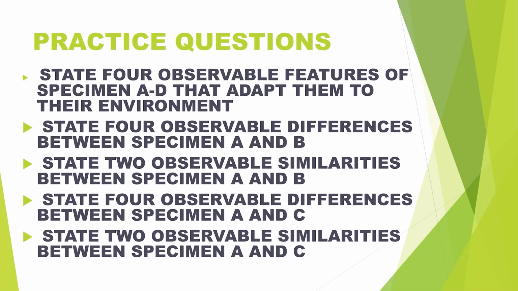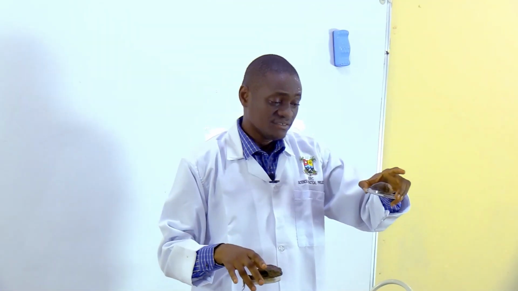Now let's go to the next practice question. That one is on specimen A and C. Tilapia fish and toad. What are the 4 observable differences between specimen A and C? 1.